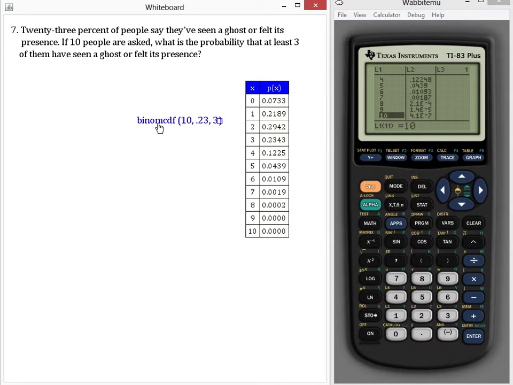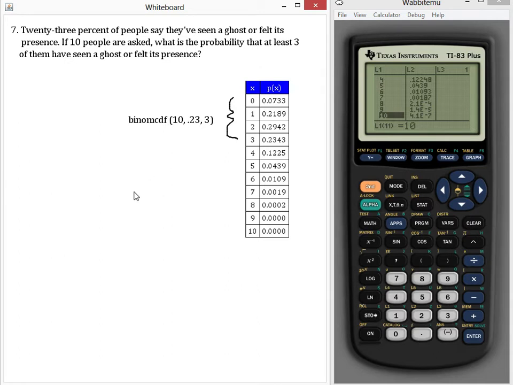Then what that's going to do is give me the probability of the first 3 outcomes. So starting with 0 and going up to 3 here. So it's going to add together 0.0733, 0.2189, 0.2942, and 0.2343. But that's not at least 3. All right, so I need to adjust this.